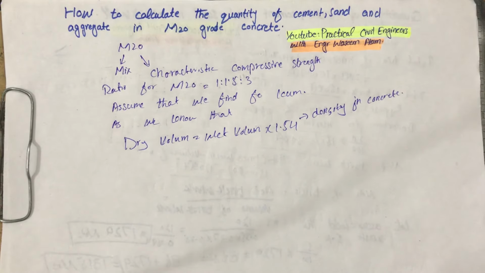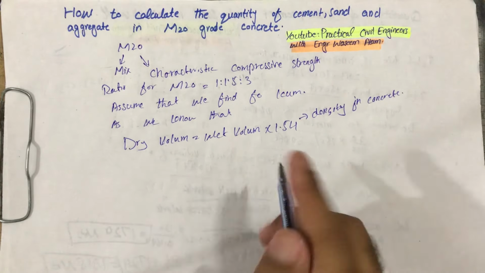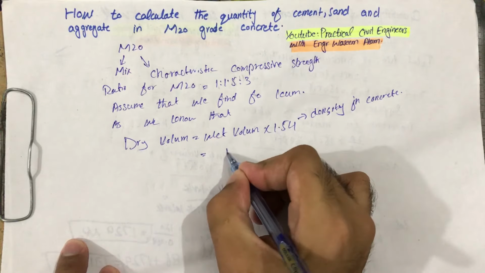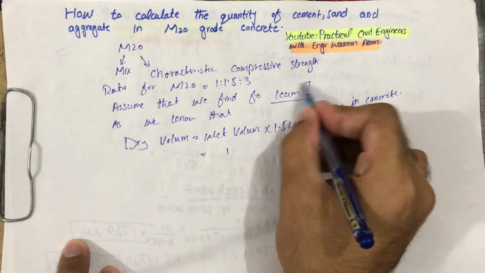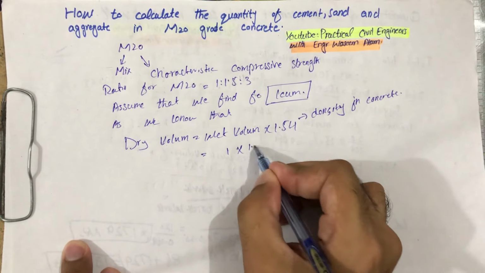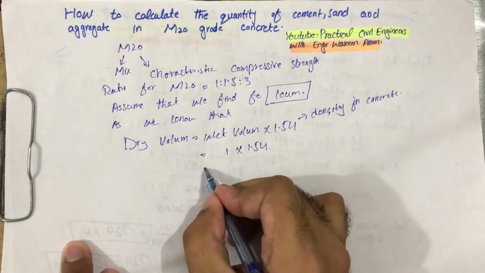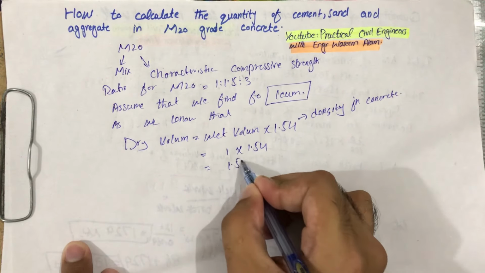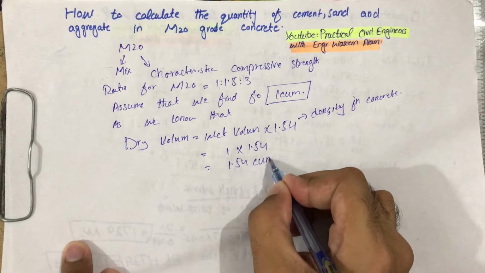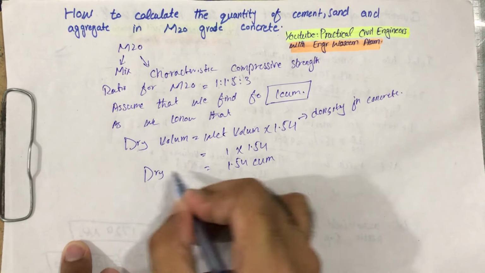So for wet volume 1, we multiply 1 by 1.54, and the total will be 1.54 cubic meter, which is the dry volume.